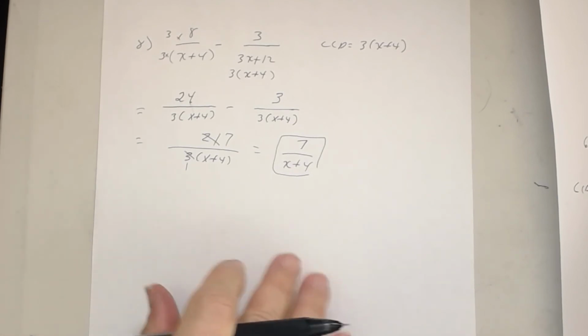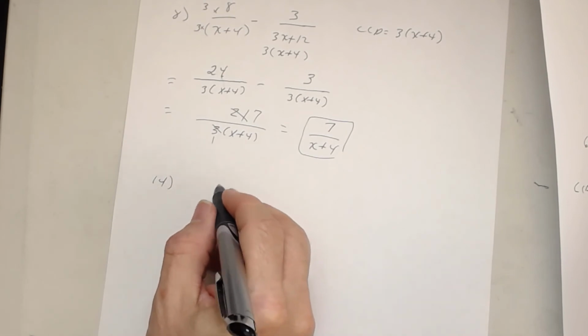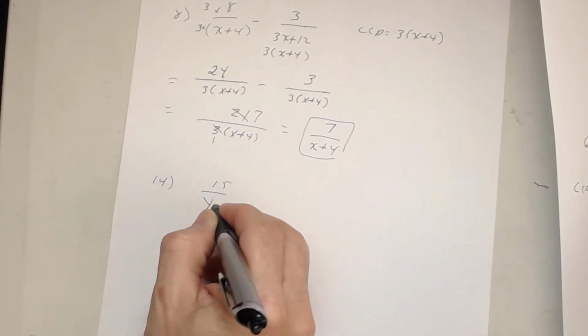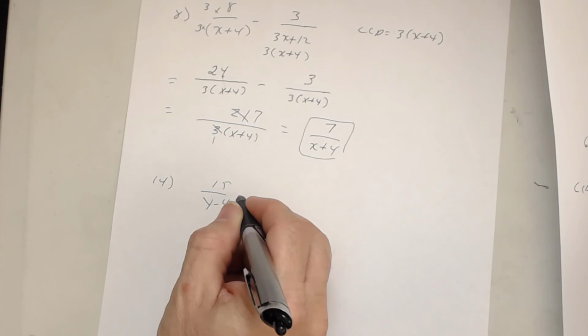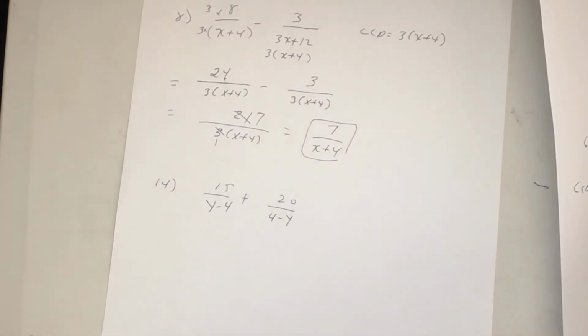All right, now let's look at 14. 15 divided by y minus 4 plus 20 divided by 4 minus y. Step 1 is to factor.